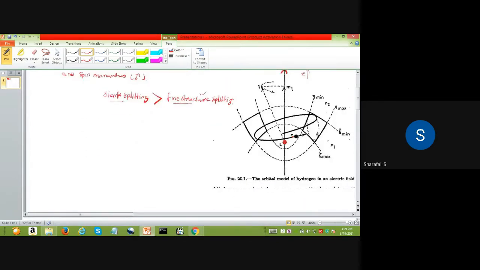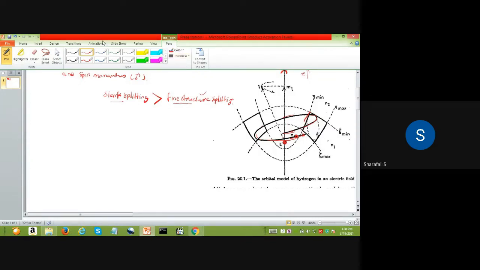You can see it from here. If you consider this electron which is revolving around this nucleus, initially its path was like this. Then it is moving in some other way, in a different orbit. It is not going to form a closed orbit. Instead, it will form an open orbit, but it will be confined in this region.